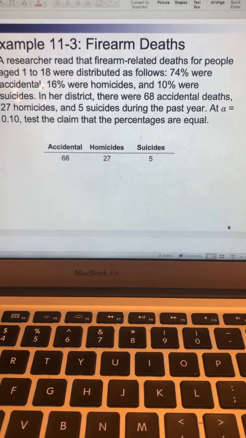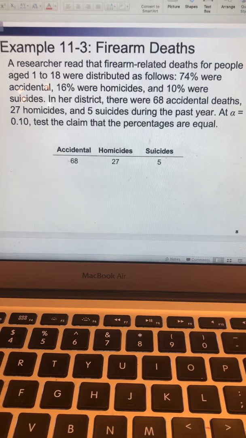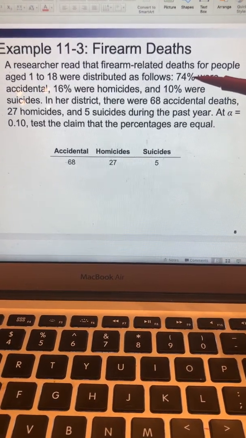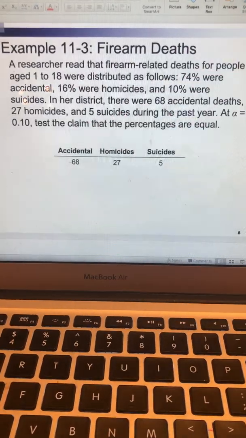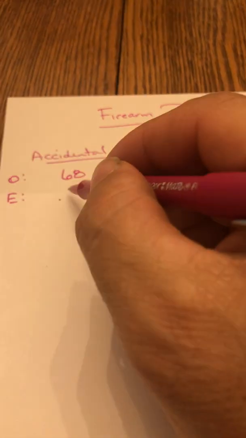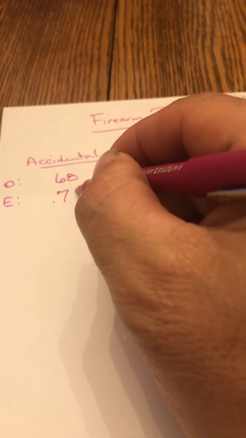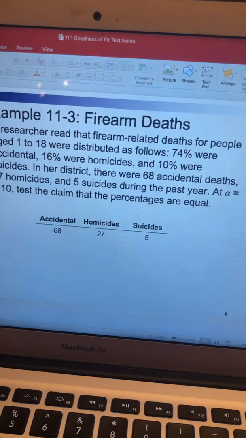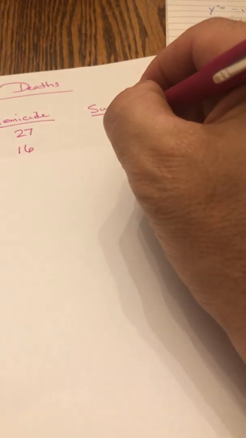So this is going to be real simple to figure out what's going on with our expected value, because it's 74%, 74 out of 100. So our expected value for accidental deaths was simply 74%, or 74 of our 100 people. 16 were homicides, so 16%. And finally, 10% of deaths were from suicides.